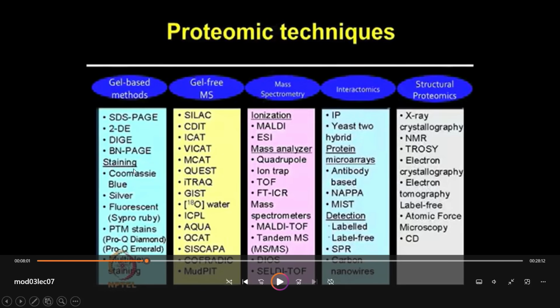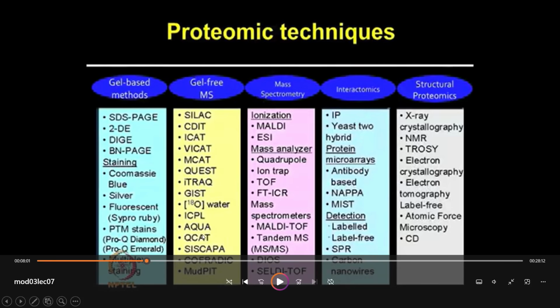In these techniques we require different dyes to visualize the gel. Along with gel-based proteomics, there are gel-free methods as well using mass spectrometry.